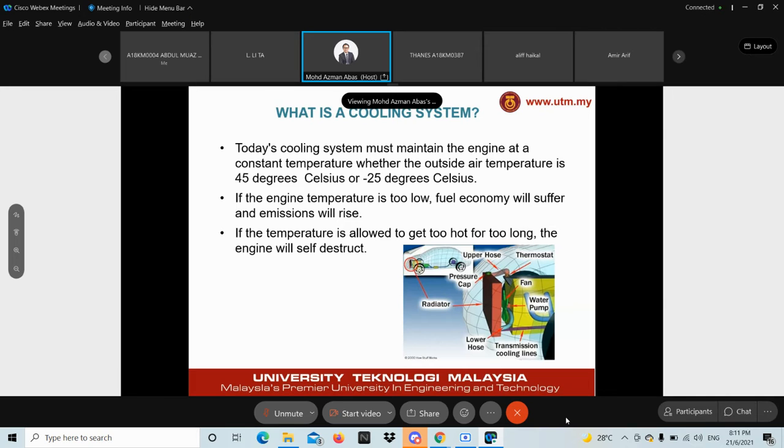So it cannot be too hot and it cannot be too cold, okay, guys? The main components in a typical cooling system of a normal passenger car nowadays consist of the radiator, pressure cap, thermostat, fan, water pump, and of course hoses.